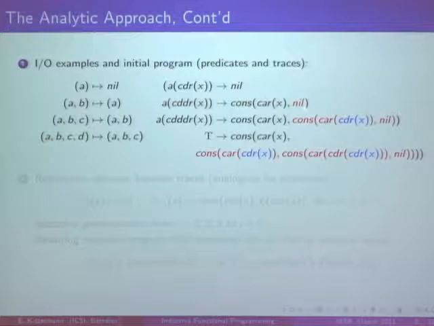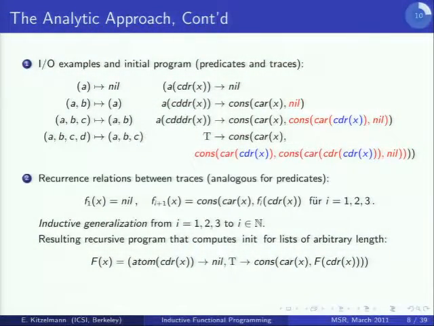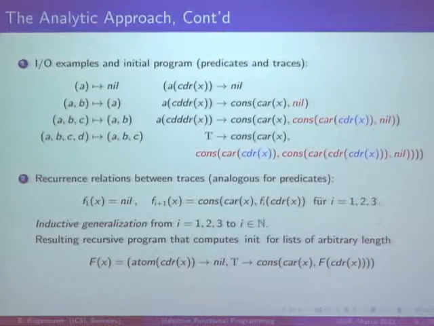So, okay. Now then, when we have these traces, then we see that they have recurrent patterns. If we name these traces by F1, F2, F3, F4, then F1 of x is nil. And for the remaining traces holds that we can express them by cons car x, this is the constant part here, and then by referring to the previous trace and substituting the x by cdr of x.